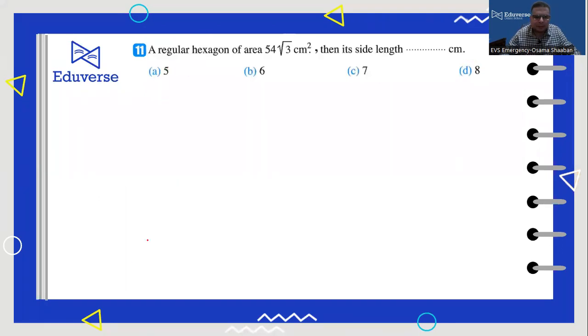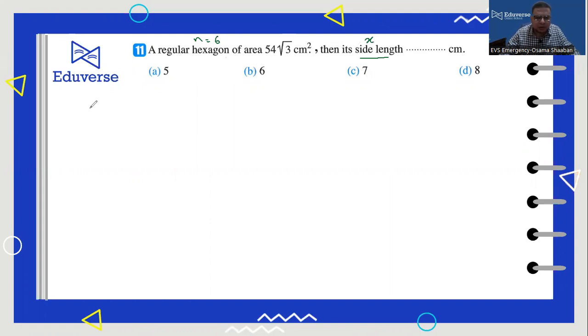Next, a regular hexagon of area 54 root 3 centimeters squared. Then its side length equals what? You remember the rule of the area of a regular polygon? Regular hexagon here, that means n equals 6, and the side length is x. I need x. What is the rule of the area of a regular polygon?